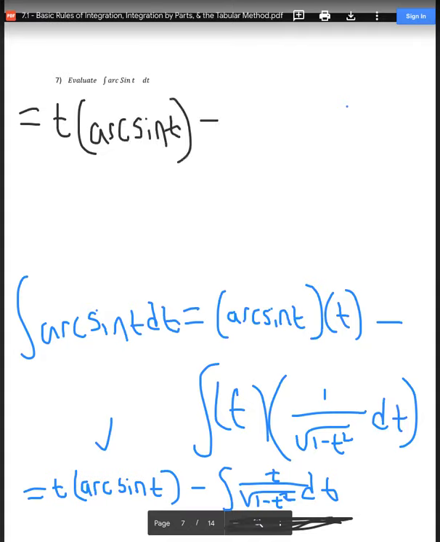So get rid of the fraction. Rewrite this as 1 minus t squared to the negative 1/2, because that's a radical. It's really to the 1/2, but when we bring it up, it's the negative 1/2, times t dt. Now, do you guys see which method we can use to integrate it?